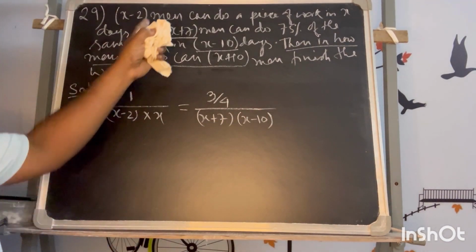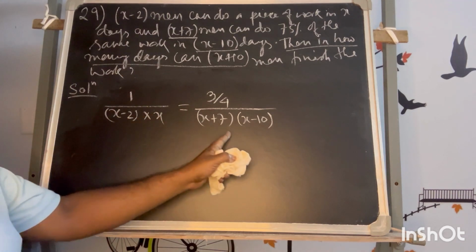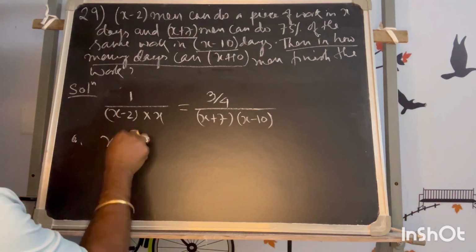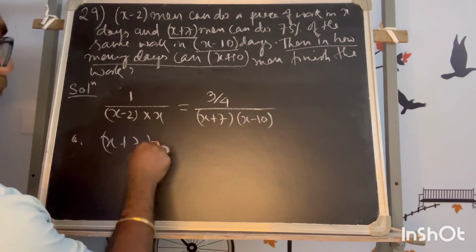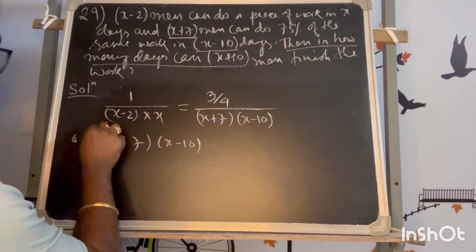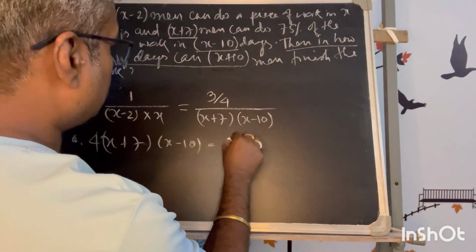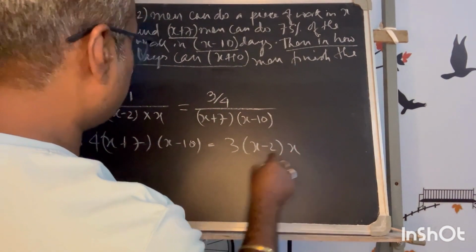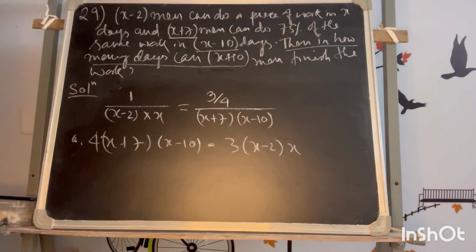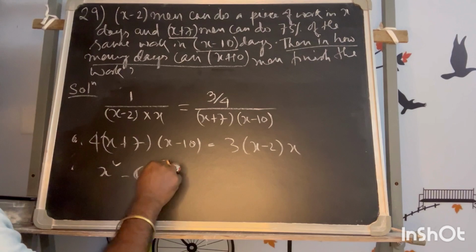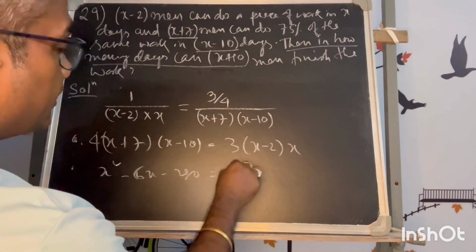Now all men have the same rate of work, so this has to be equalized. So you will see x plus 7, x minus 10, and this 4 will be multiplied, equal to 3 into x minus 2 into x. See, you have the same equation. From there you will get x square minus 6x minus 280 directly.